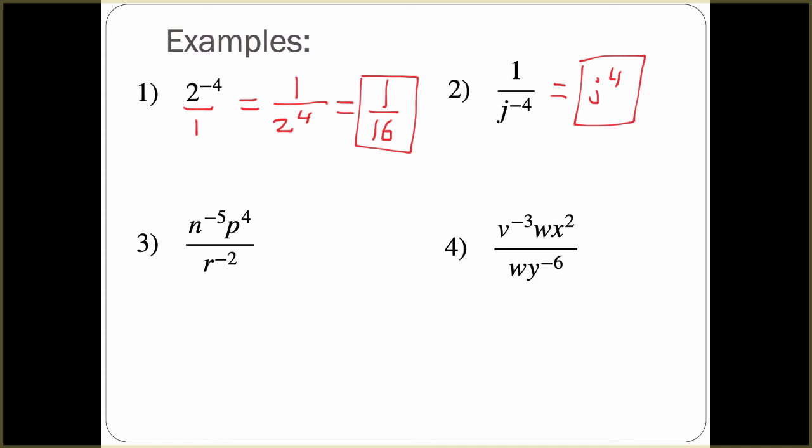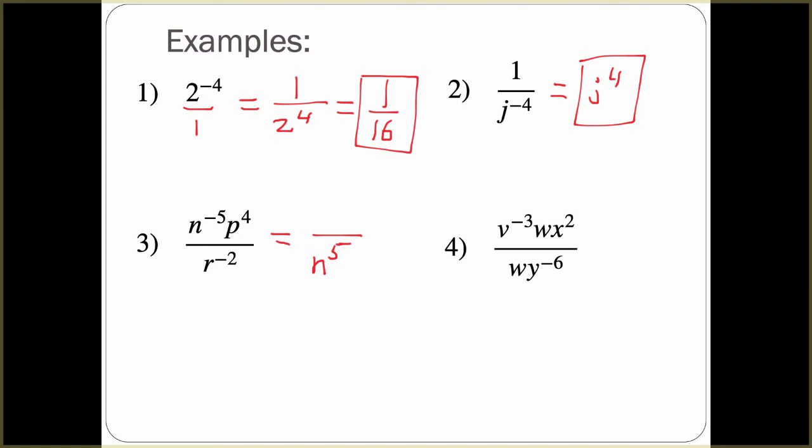For number 3, we have n to the negative 5th, p to the 4th, all over r to the negative 2nd. We are going to move our negative exponents. We are also going to keep our things in alphabetical order in our numerator and denominator. So we have n to the negative 5th. It must move to the denominator. So it's going to be n to the 5th. Working along with our numerator, we have p to the 4th.